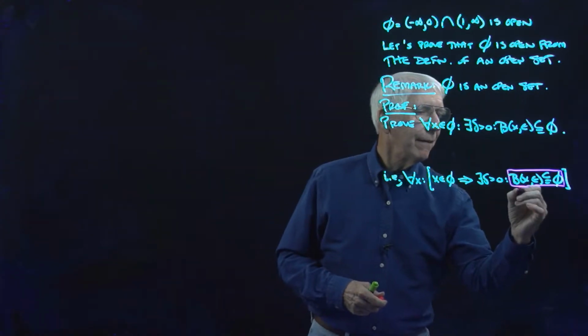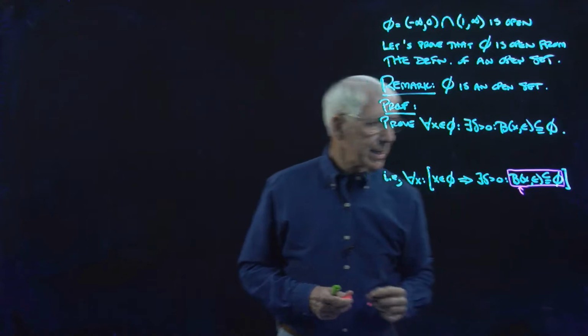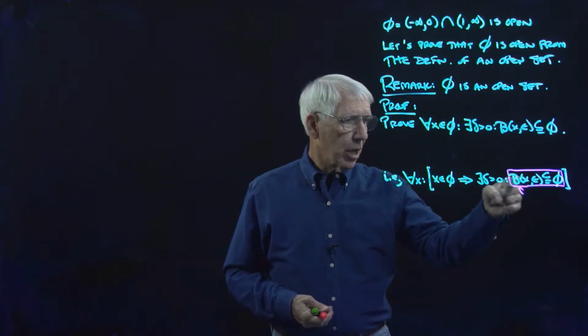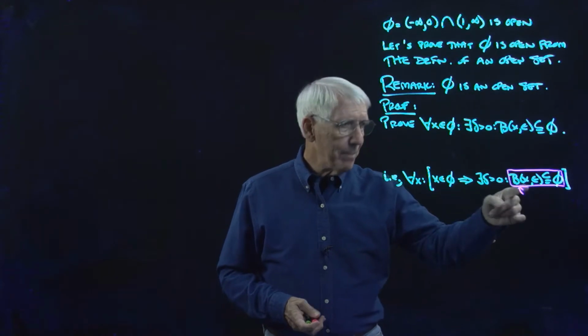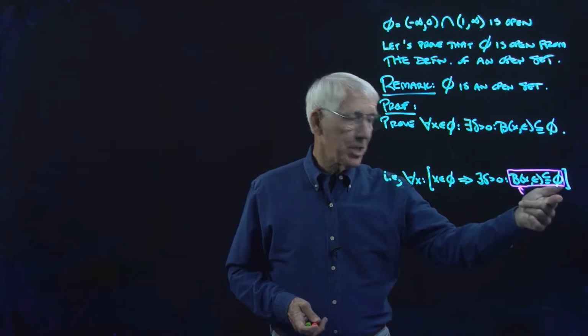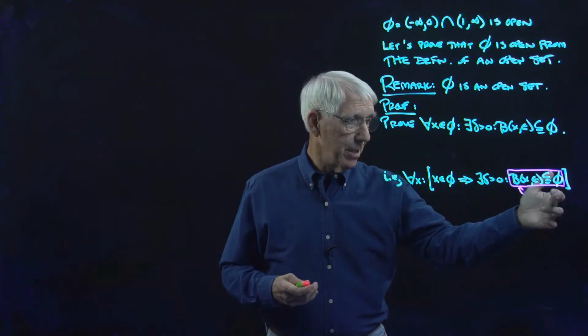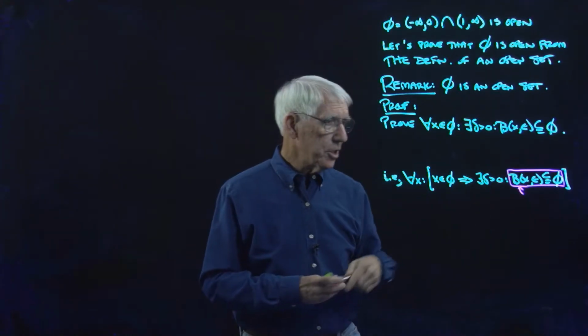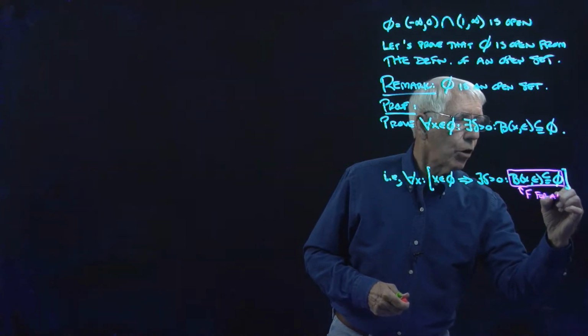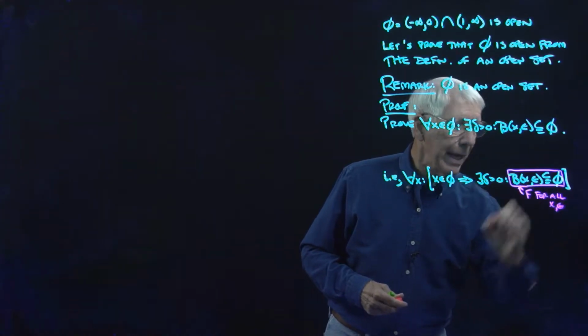And this is actually false for any x and any epsilon. There's no x and there is no epsilon such that the ball around x of radius epsilon is a subset of the empty set because the empty set doesn't have anything in it. So this is false for all x and epsilon.